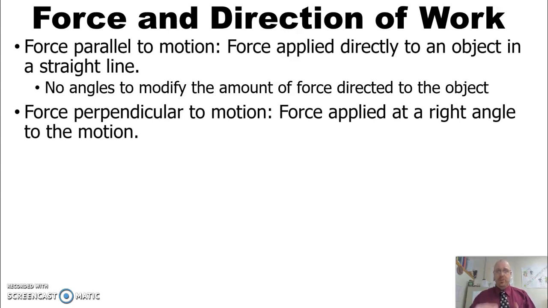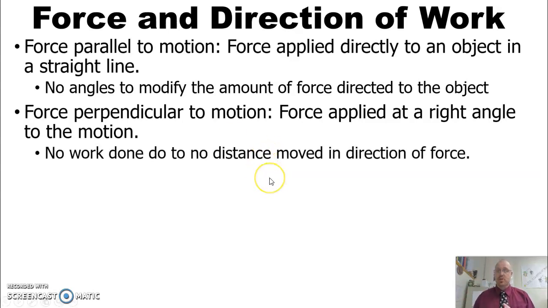If we have force perpendicular to motion, so if I have a force this way and I'm pushing this way, but motion is going to go this way and I'm pushing off that, so force applied at a right angle to the motion, there's no work done because there's no distance moved in the direction of force. So my object is moving this way and I'm pushing off to the side, like say you're pushing a car and there's somebody in the front trying to push on the front wheel to get it to go in a different direction, but there's no force and no motion in that direction.